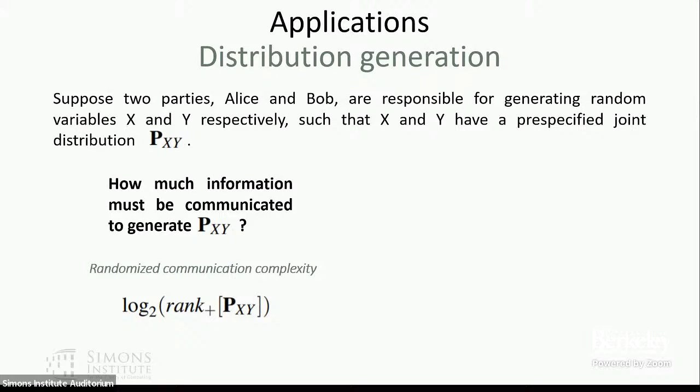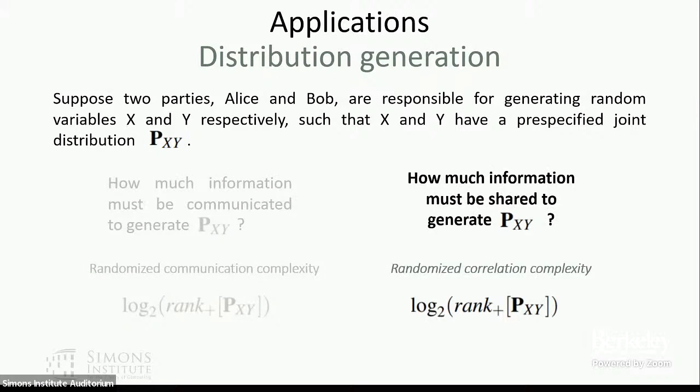A different question that you can ask is how much information must be shared between Alice and Bob for them to generate this probability distribution. Again, it's a pretty well-studied problem. It's referred to as randomized correlation complexity and is given by the same number, actually. The nice feature of this problem is that in the literature, people usually consider these two questions as very different and not connected to each other at all.